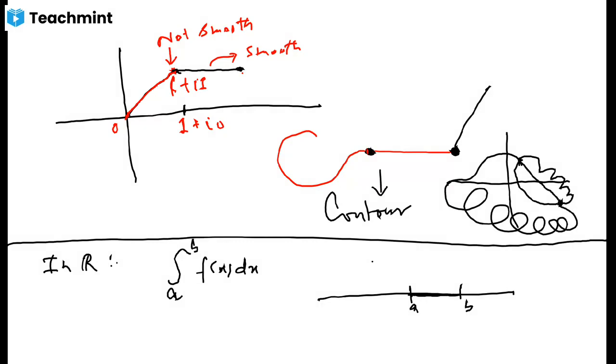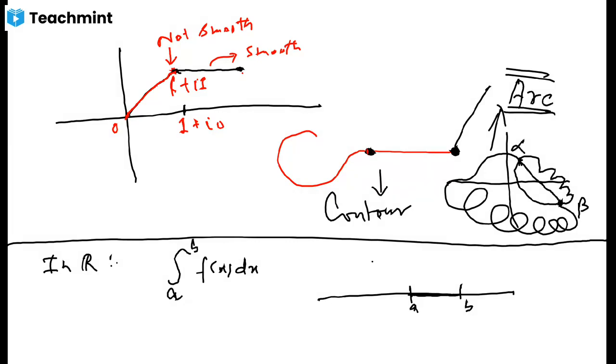So every possible path that I can have from a point in the complex plane to another point in the complex plane is nothing but an arc. And we will restrict ourselves to some good arcs, mostly the piecewise continuous arcs.